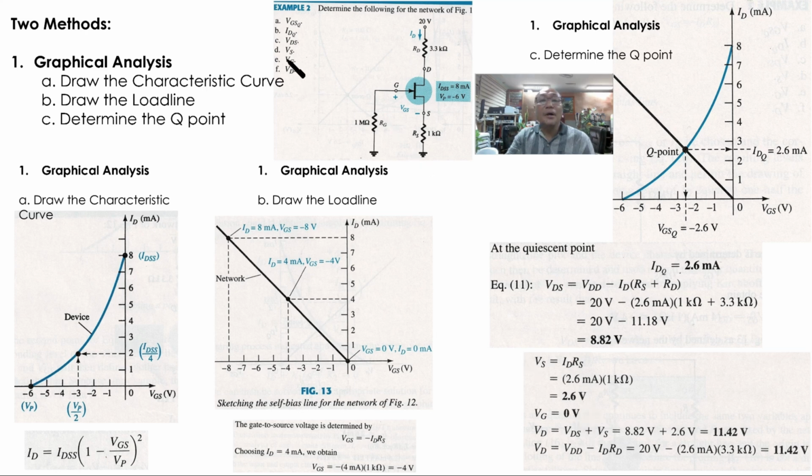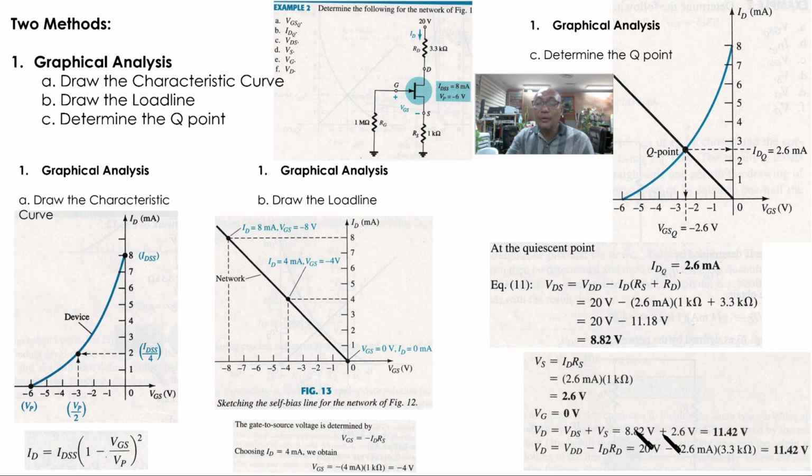So how about VD? VD is the voltage at the drain. Considering this loop only up to the drain, VD will be equal to VDD minus ID RD. And therefore, that will be equal to 20 minus 2.6 times 3.3 kilo ohms. That will give us 11.42 volts.